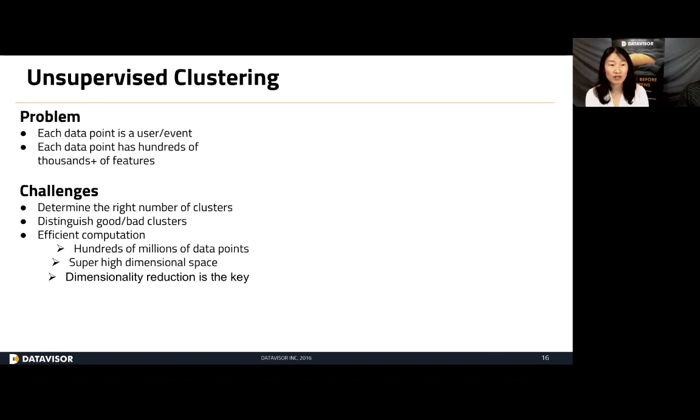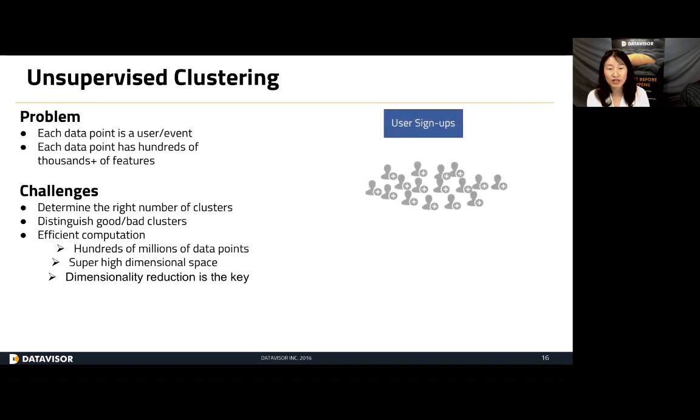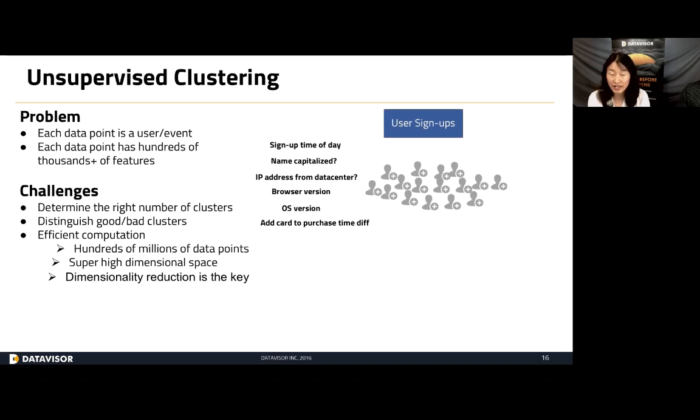The main challenge of the problem is that each data point is actually a user. Before we get into the details, we look at a toy example here. We have user signups, many new user signups. We do not know any history of these users, yet we want to determine whether these users are good or bad. Sounds pretty challenging. How do we do that? For each user, we can extract 6 types of features in this toy example.